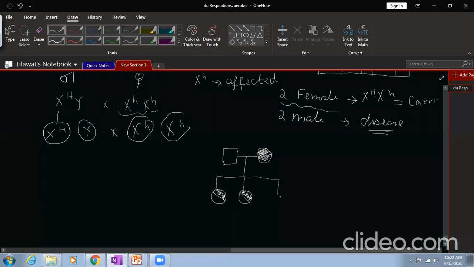For male, we have two with disease, right? Sorry, we should mention it in the form of a square, and both are having the disease. This is the pedigree.